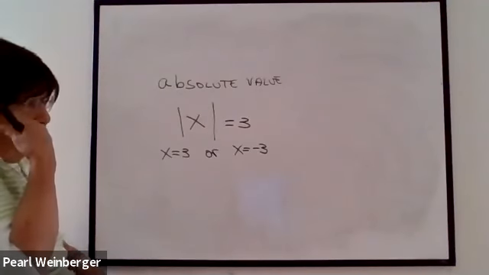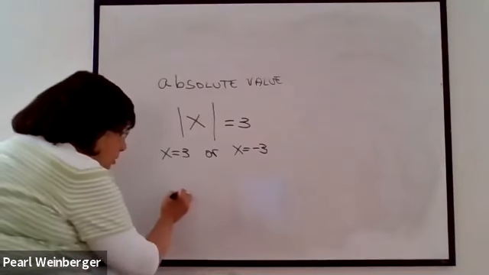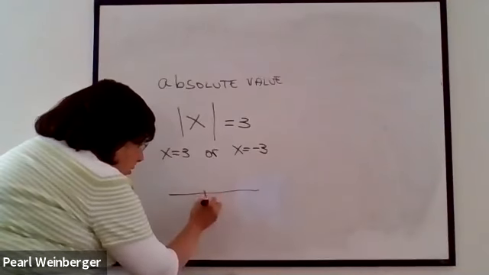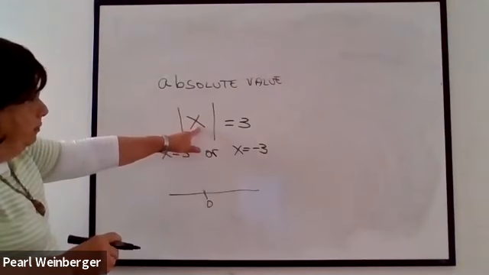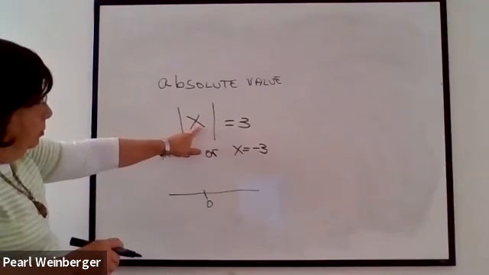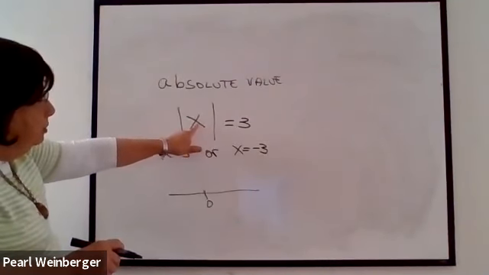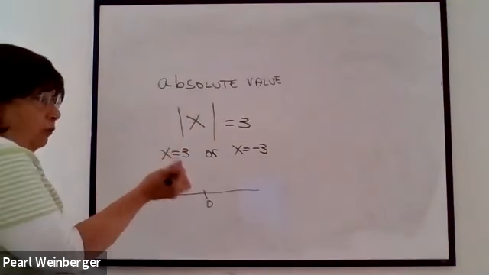I could have interpreted it also given the number line. Here's my number line. What does it mean that the absolute value of x is 3? It means that the number on the number line that I'm looking for is 3 units from the origin. Now, how can I go 3 units from the origin?